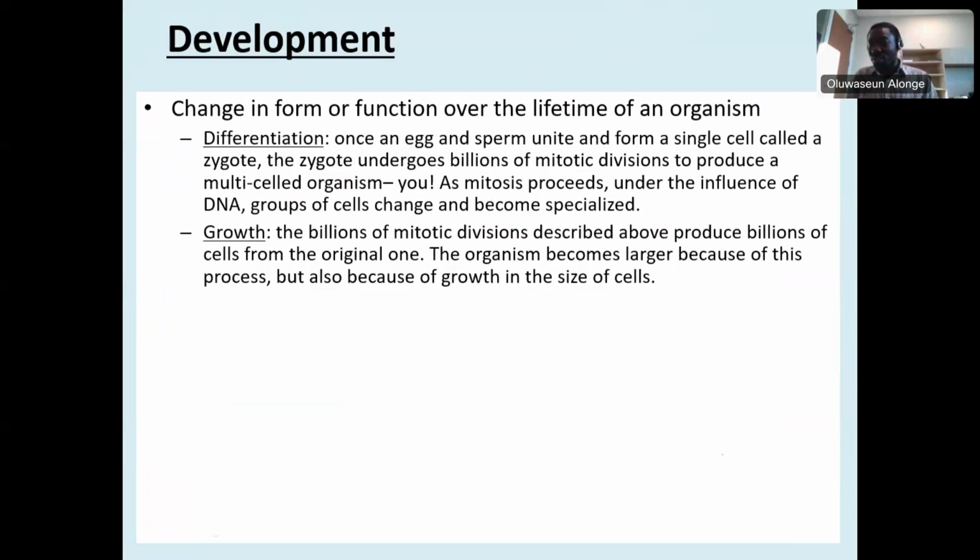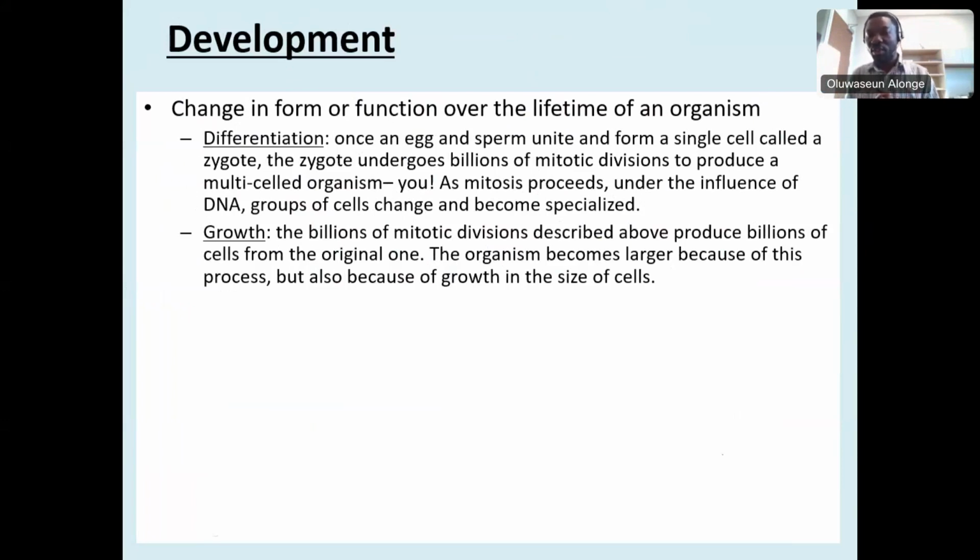We call it mitotic division. The one cell undergoes division, forms 2 cells, then 4 cells, then 8 cells, then 16 cells. We call it morula, and that continues over time, and that is what we call differentiation.